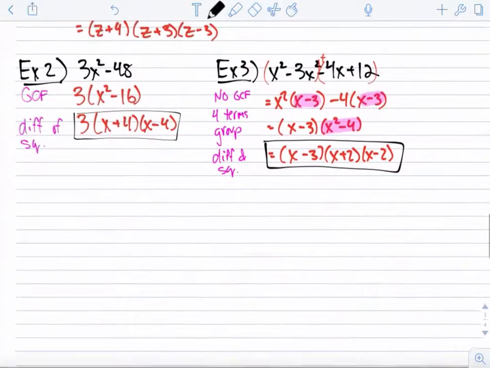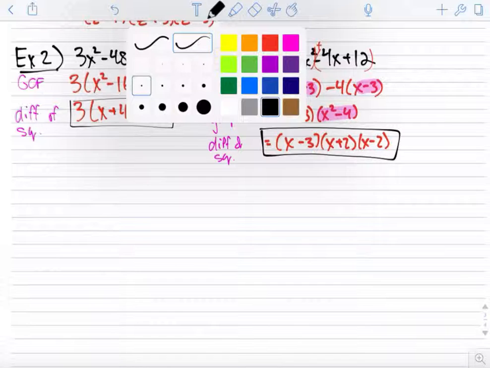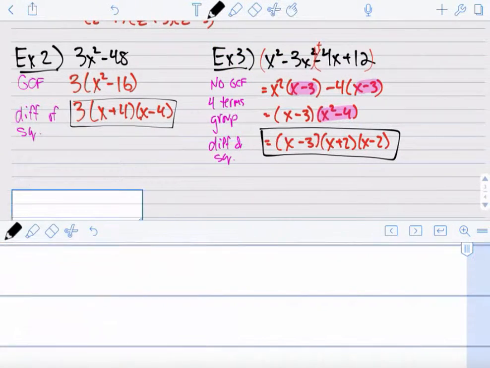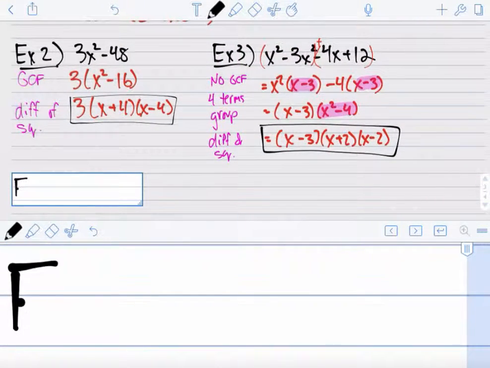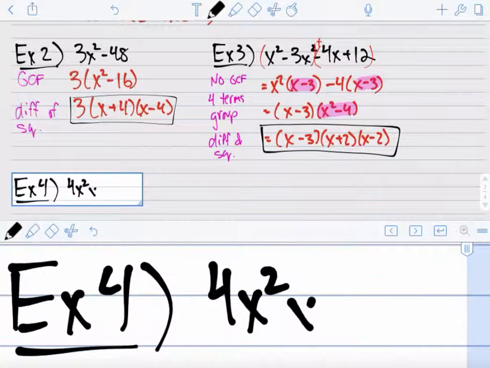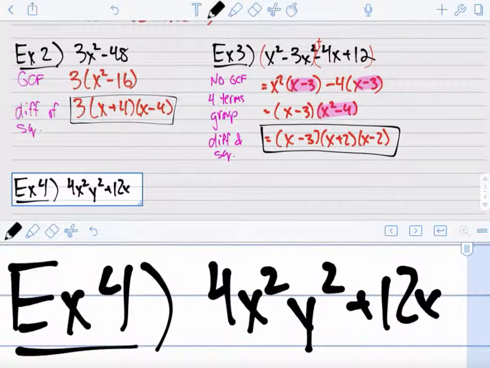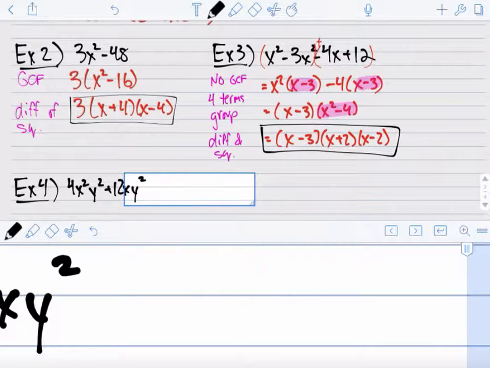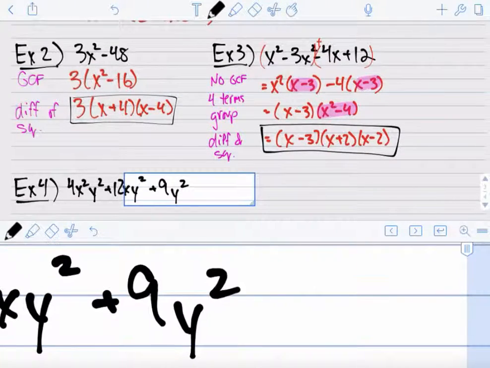Do one more. Example 4 is 4x squared y squared plus 12xy squared plus 9y squared.